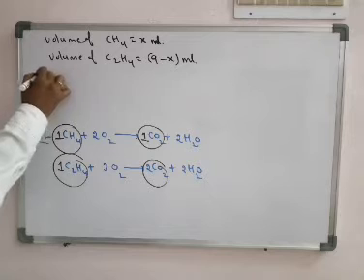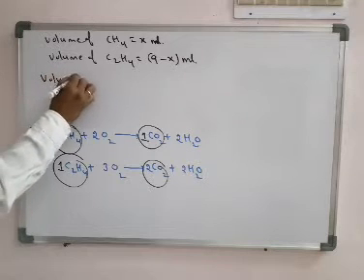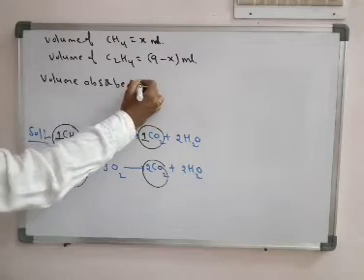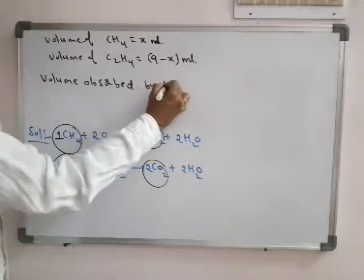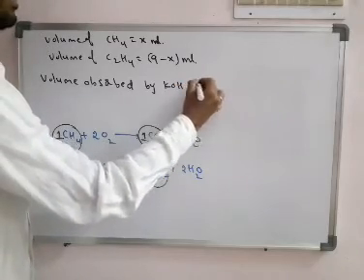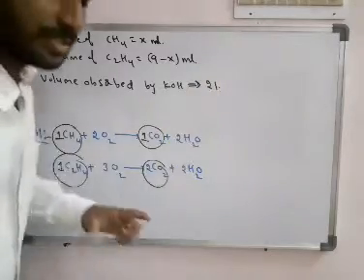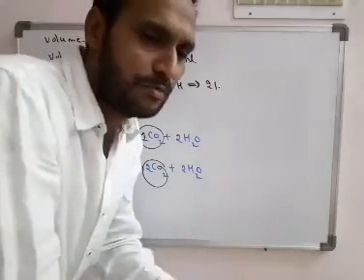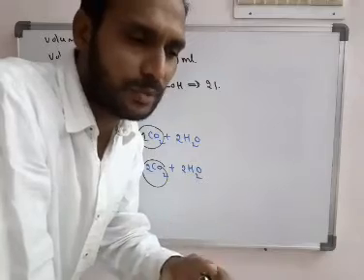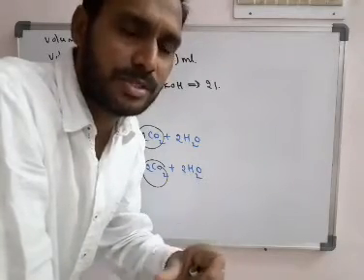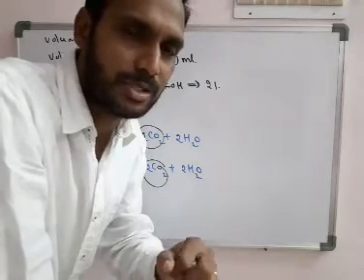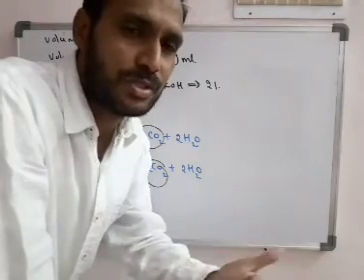So the volume absorbed by KOH is equal to how much? After cooling, the volume of the gas is just 21 milliliter. When it is passed into potash solution, that is caustic potash KOH, the volume changes to 7 milliliter.